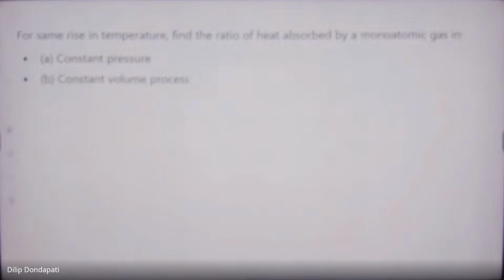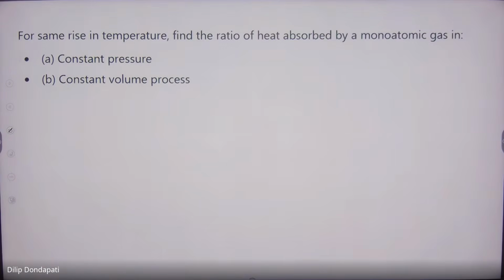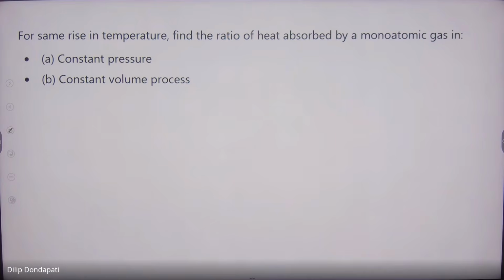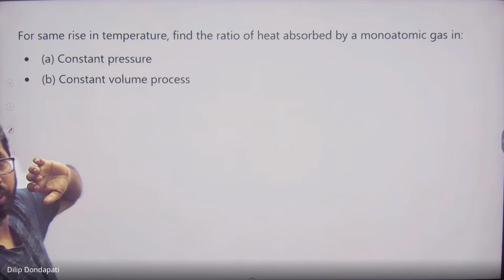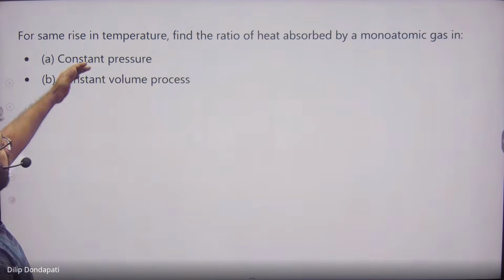Okay. For the same rise in temperature, find the ratio of heat absorbed by the monatomic gas at constant pressure and constant volume. So it'll just be gamma. No, we have to find the ratio of heat absorbed by monatomic gas in constant pressure में separately, constant volume में separately. मतलब इसका divide करने का ratio.